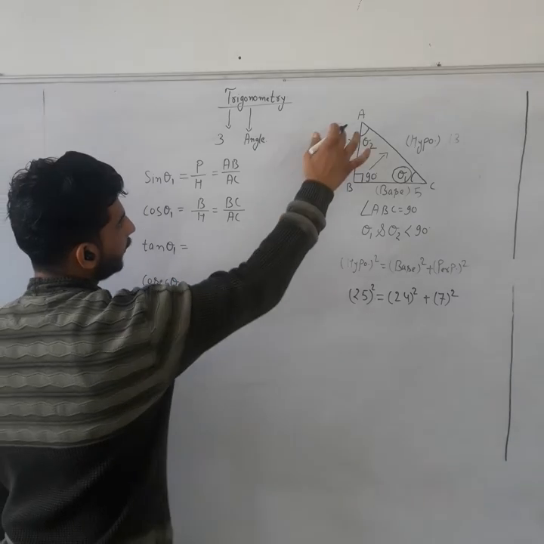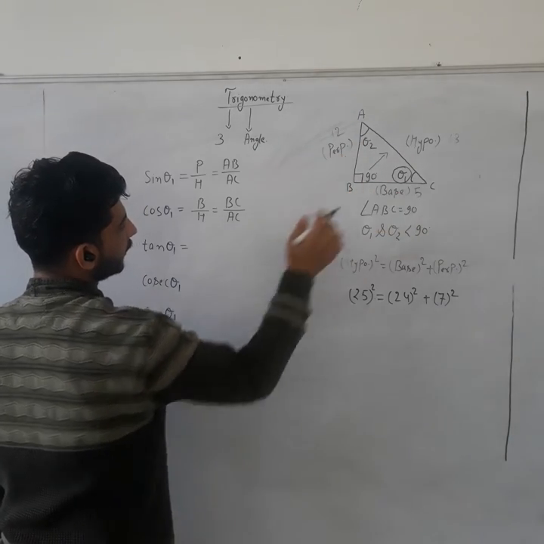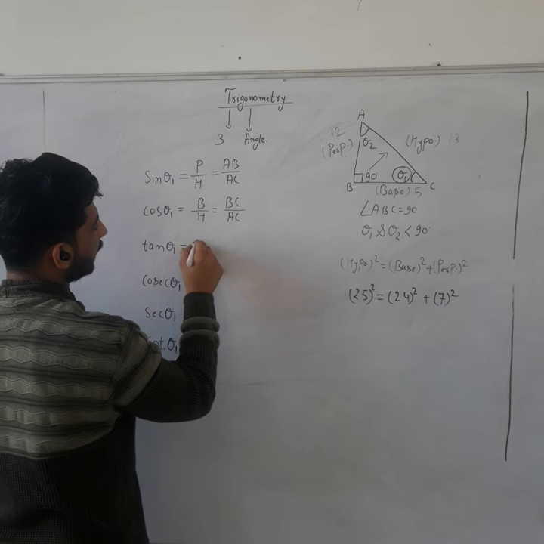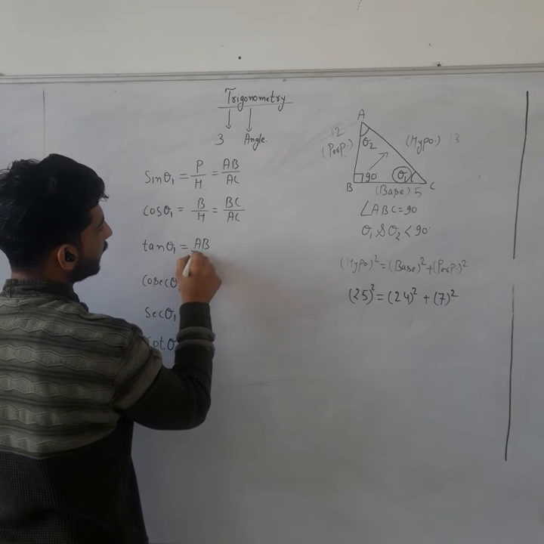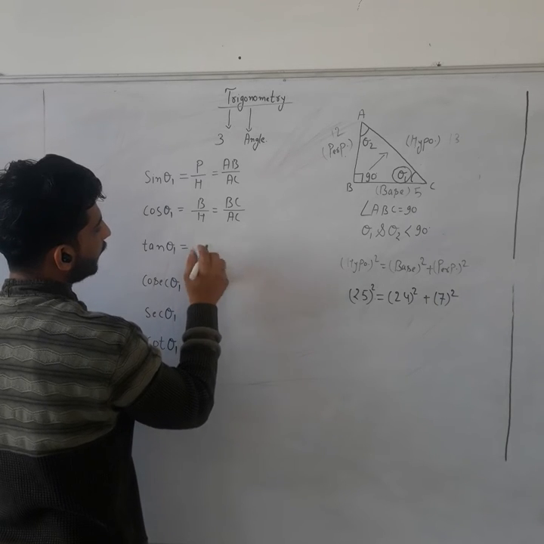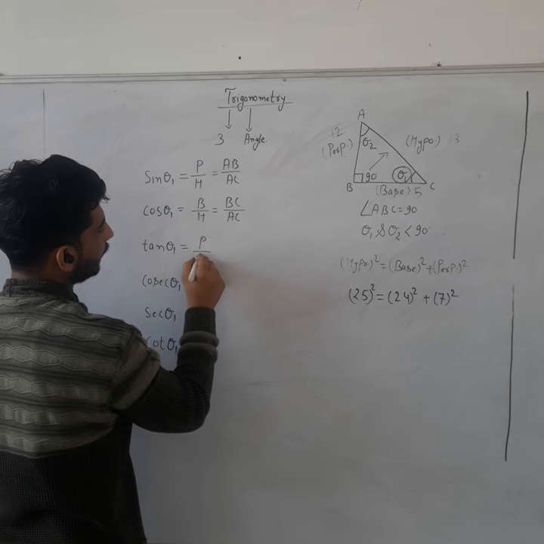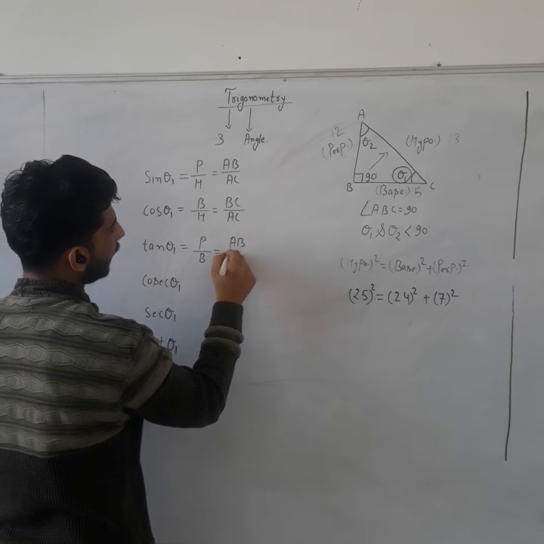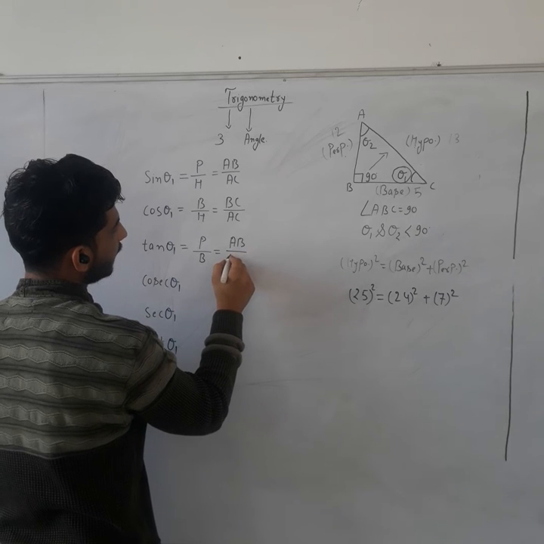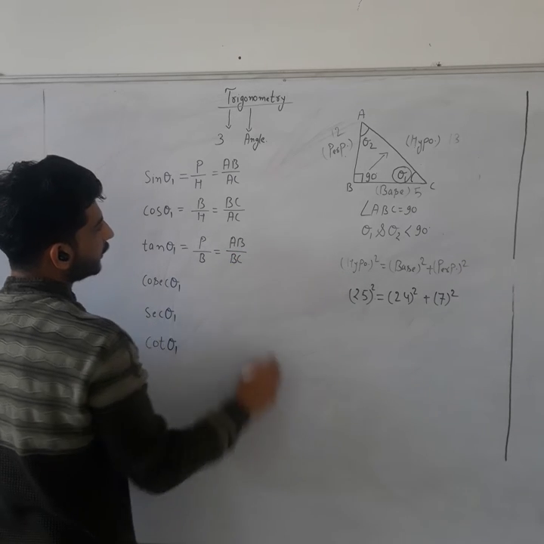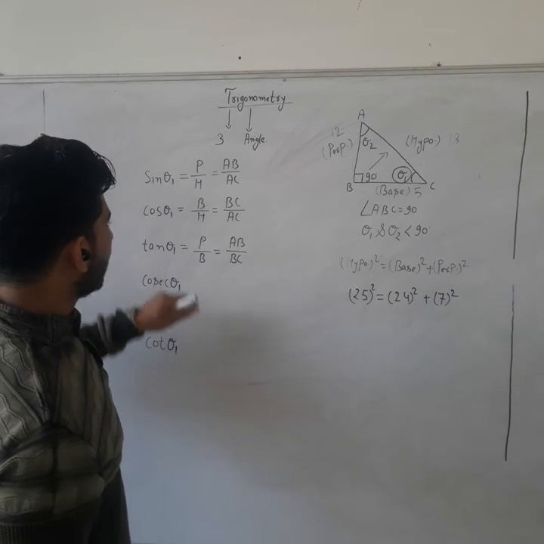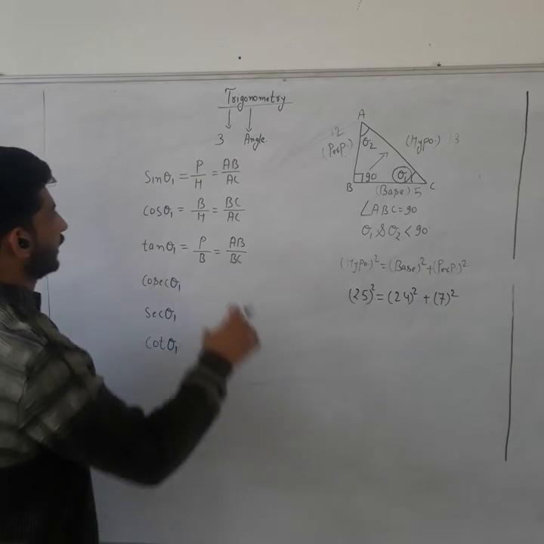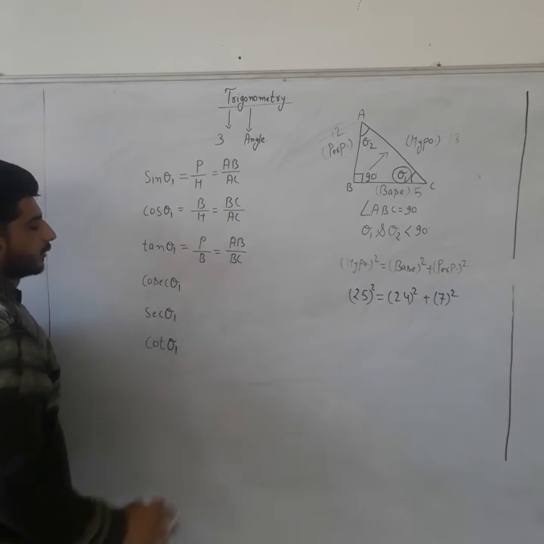That is perpendicular upon base, P upon B. The perpendicular is AB and the base is BC. Now we have learned only these three ratios: sine, cos, tan.